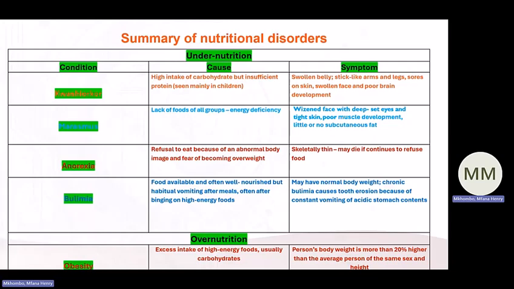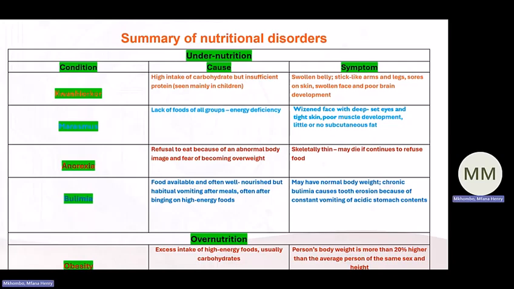We also have another nutritional disorder known as anorexia nervosa. This is rather a psychological type of disorder in which people refuse to eat because of an abnormal body image and fear of becoming overweight. So it's a psychological condition rather than a condition that is caused by a physical lack of food or nutrients.